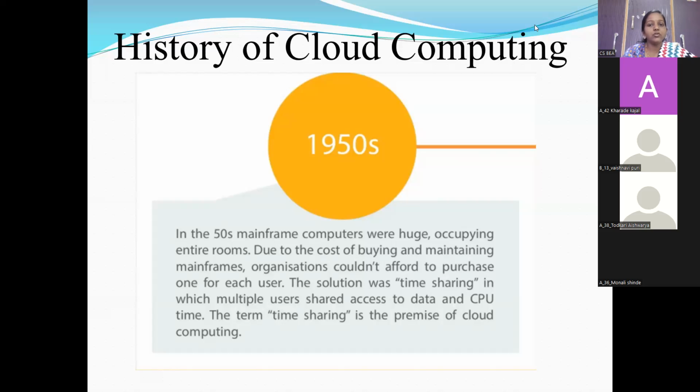Here it is. Due to the cost of buying and maintaining the mainframes, organizations couldn't afford to purchase one for each user. At that time, you had only one particular mainframe computer, whereas now we have one computer or one laptop for one student.